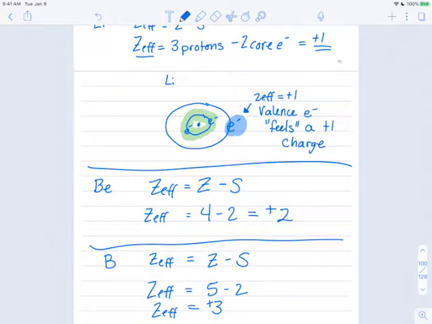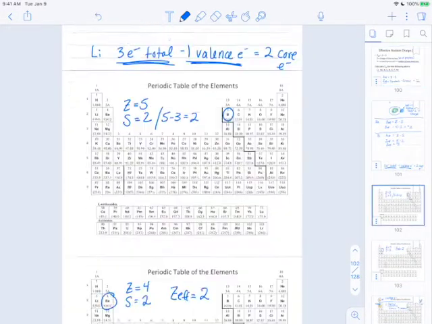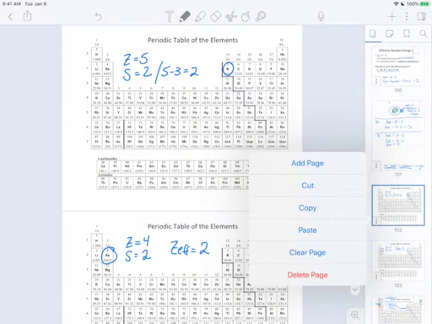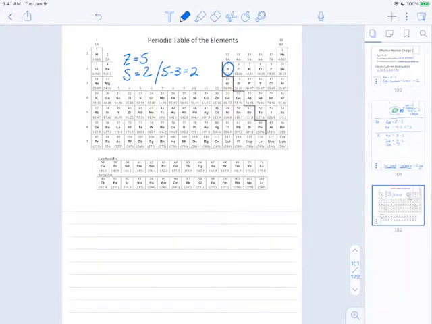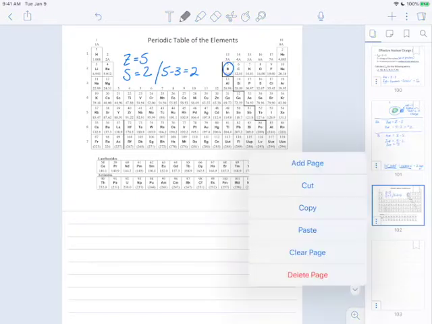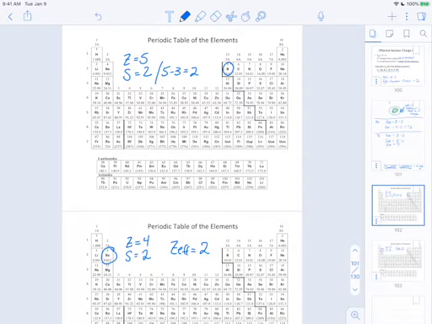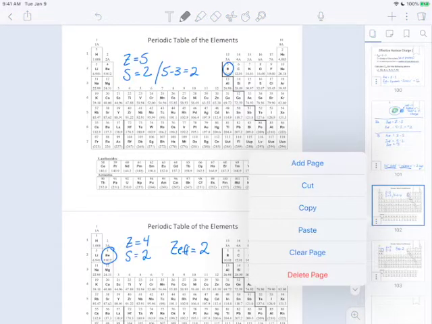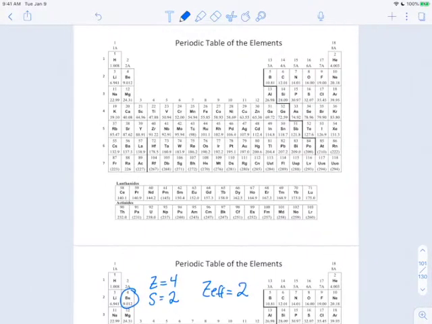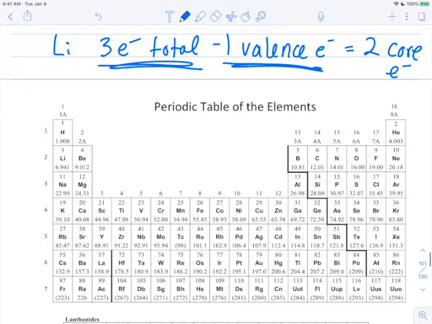All right, so now let's take a look at another method. Again, if you feel like you're comfortable with the method we're using, you don't have to do this. But I think most of you are going to like this. So first I'm going to take a look at the lithium.